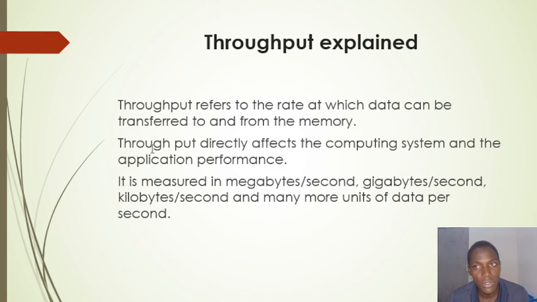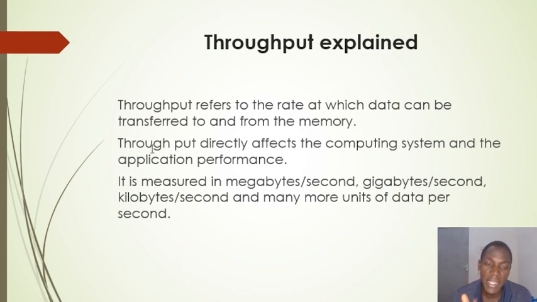We very well know that data is measured in various sizes. The smallest being bytes, then from bytes we have kilobytes, from kilobytes we have megabytes, from megabytes we have gigabytes, from gigabytes we have terabytes, from terabytes we have petabytes, and there are very many different memory sizes, including yottabytes and many others.